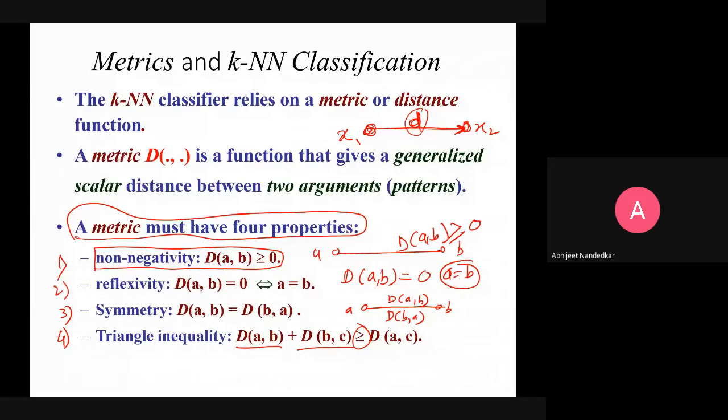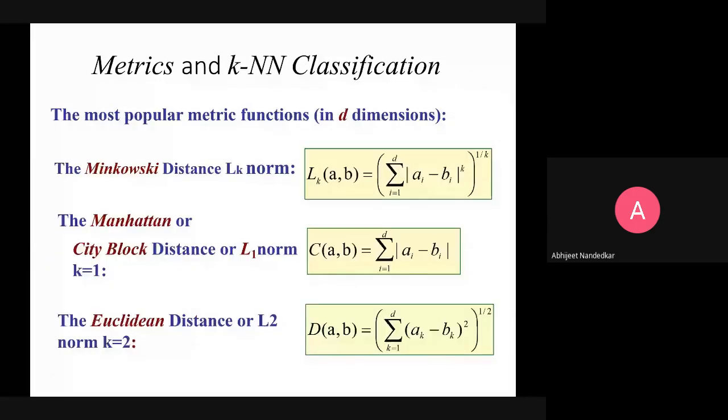So this is adding some flexibility. To use any function as a distance metric function, these four properties must be followed. Based on that, we have a generalized distance metric called the Minkowski distance norm, or LK norm.